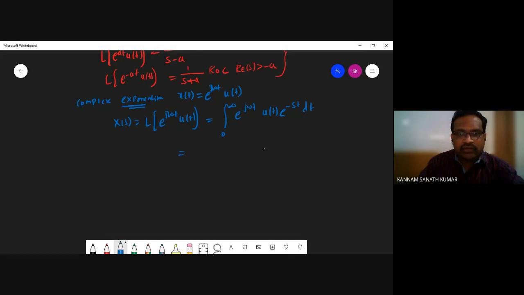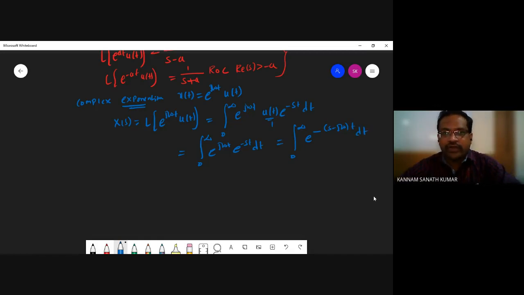Okay. So this is equal to integration 0 to infinity. Anyway, u of t is 1 between the interval 0 to infinity. So e power j omega t e power minus st dt. Okay. So this you can write as integration 0 to infinity e power minus of s minus j omega into t dt. Okay.